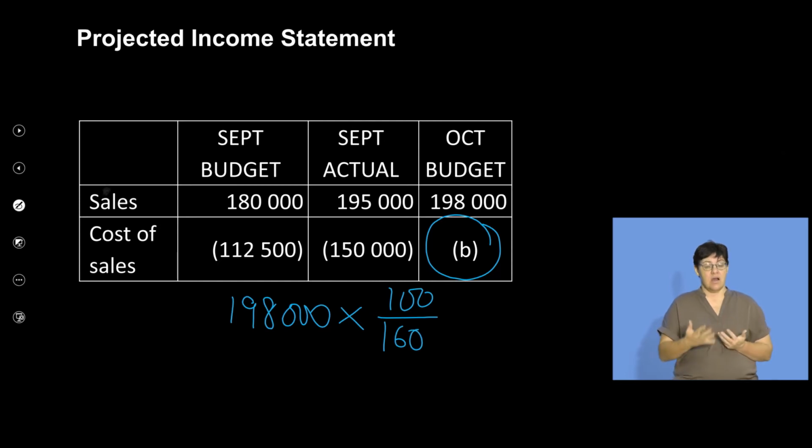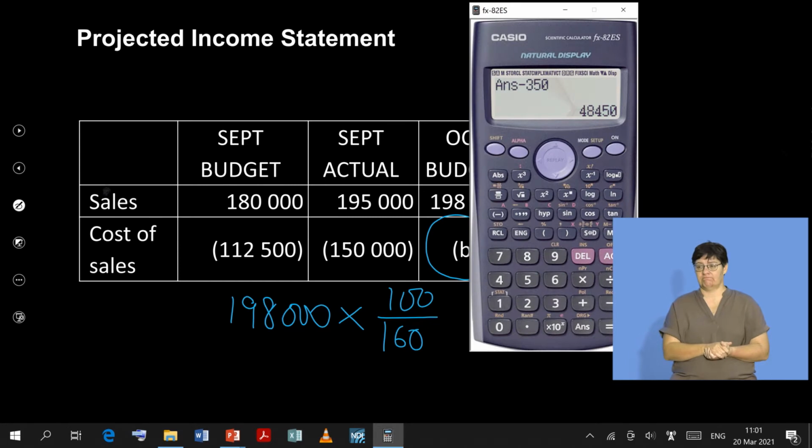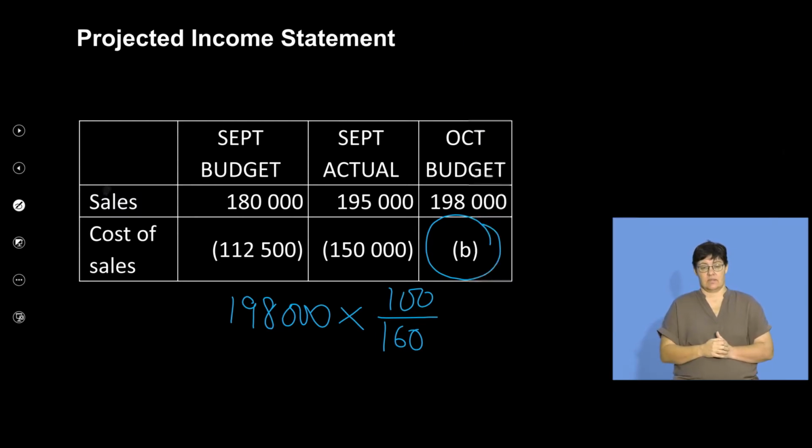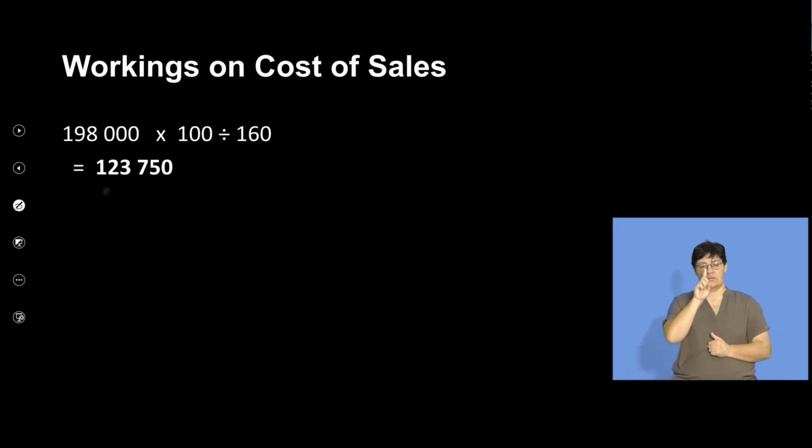And you can see that if you do this here, let's do the calculation. It says 198,000 times 100 divided by 160, and you will get a figure of 123,750. Watch here. There we go. Watch. The operation, 198,000 times 100 divided by 160.